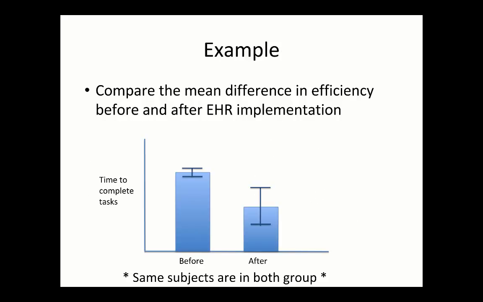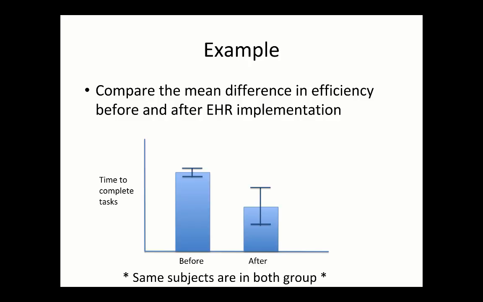Let's say we wanted to compare the mean difference in efficiency before and after EHR implementation. We could use a paired t-test and evaluate the mean difference in each doctor before and after EHR implementation. Our two-tailed null hypothesis would be that the mean difference in time before and after EHR implementation is equal to 0, while our alternative would be that the mean difference in time before and after EHR implementation is not equal to 0.